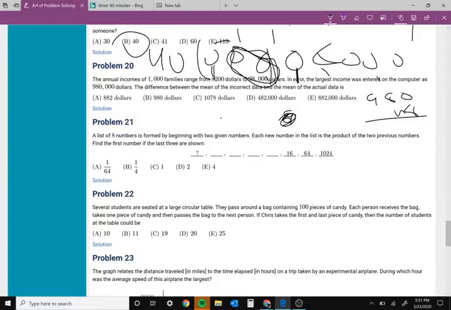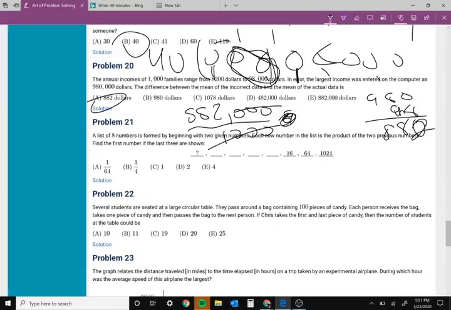I don't want to do math. 882,000. So you added 882,000, but then that's distributed among the 100 people as the mean. That wasn't that bad.